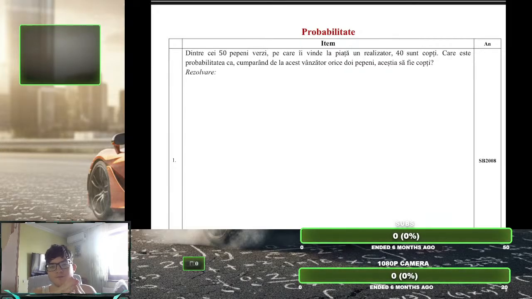There are 50 watermelons sold, and 40 are ripe. What is the probability that buying from here any 2 watermelons are ripe? So that's the condition right here.